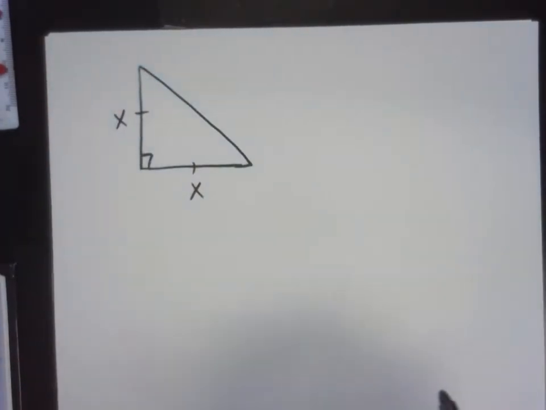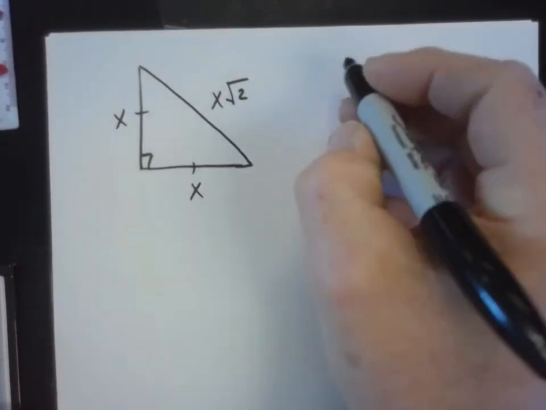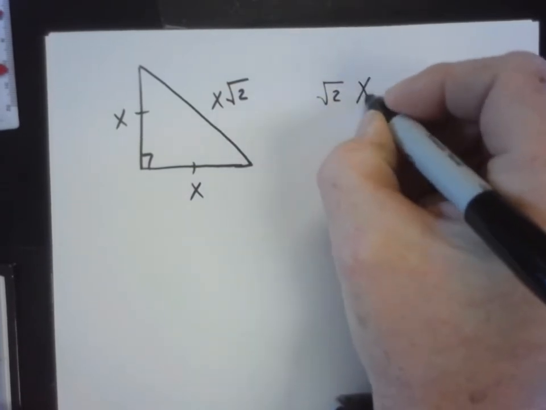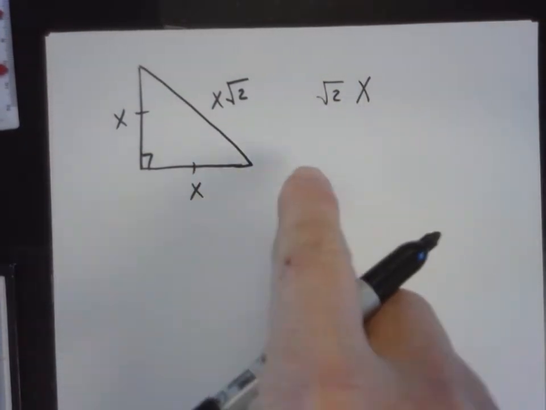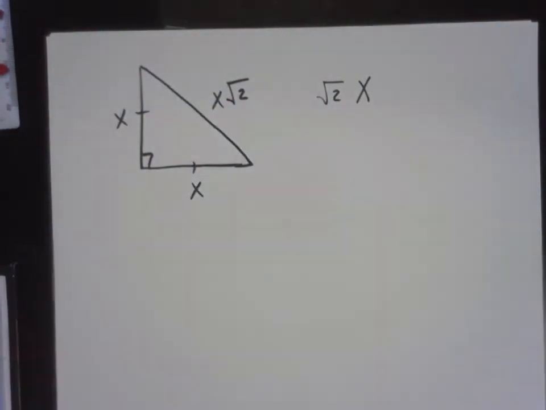And what's the hypotenuse? x radical 2. Now, technically, I should write that radical 2 times x, but I'm going to write it this way just for convenience. So it's the leg times radical 2. It's always going to be that way.